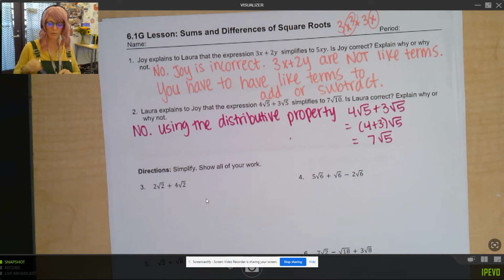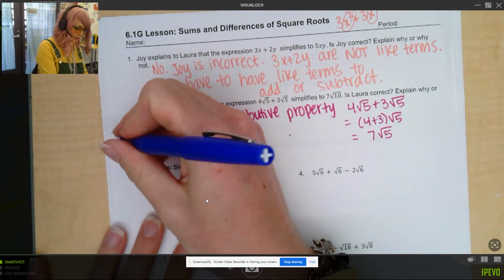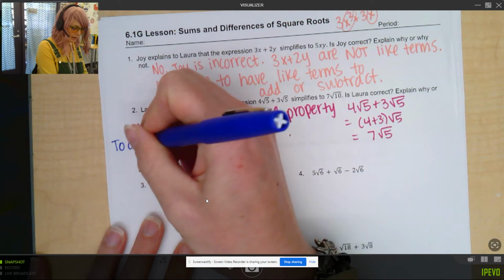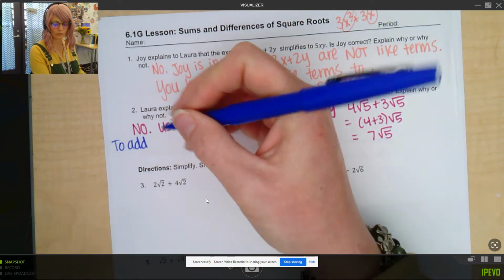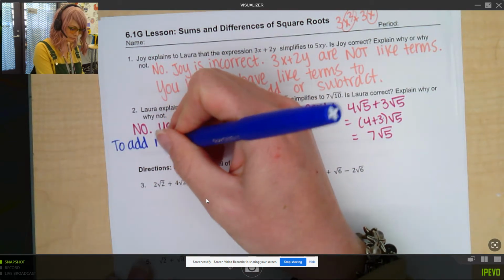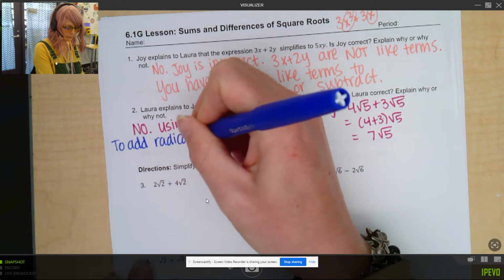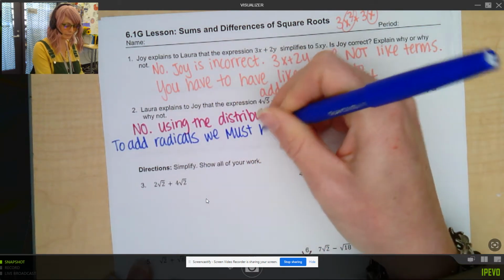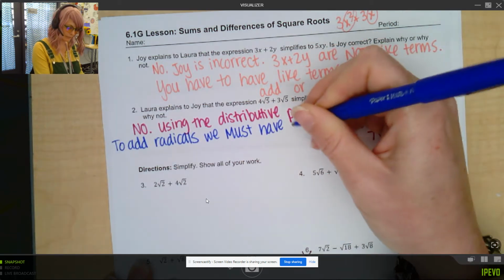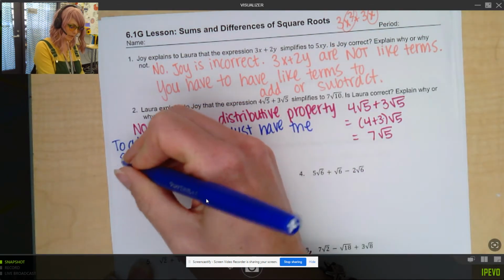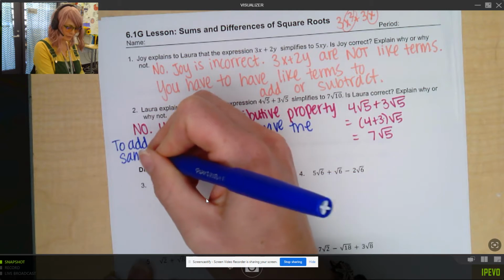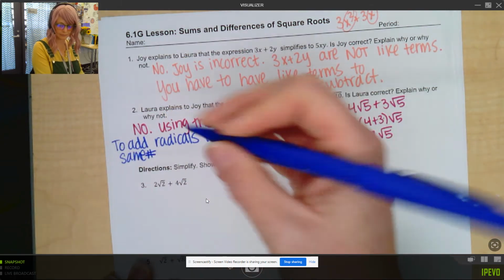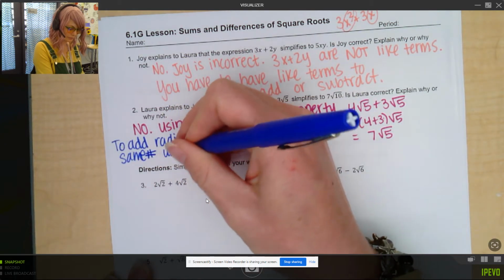Another note we want to make here is our rule. To add or subtract radicals, we must have the same number under the radical.